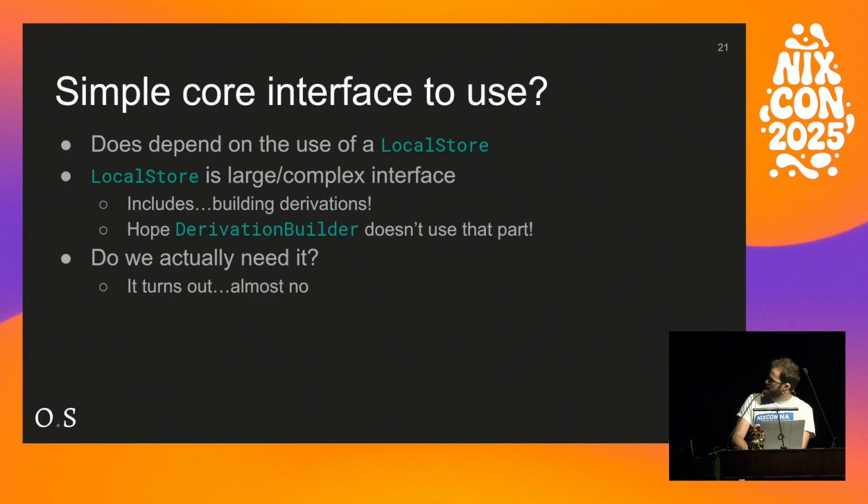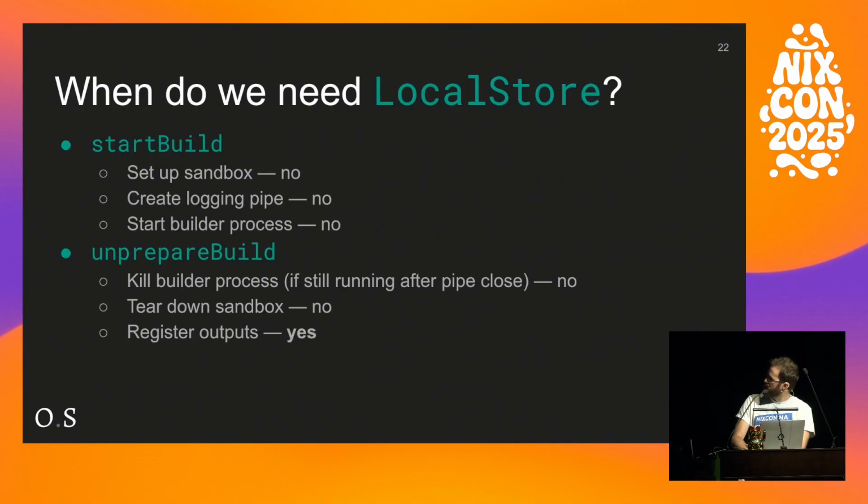What it turns out is we can, because it's only depended upon in one spot. Setting up the sandbox is just regular system calls, formatting strings, low dependency stuff, as long as you've got your operating system interfaces, which you of course do. Creating the pipe, same thing, that's totally POSIX, totally portable.